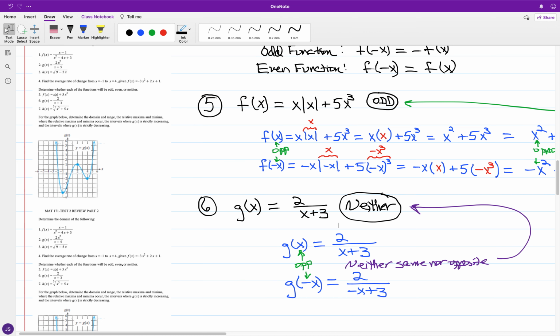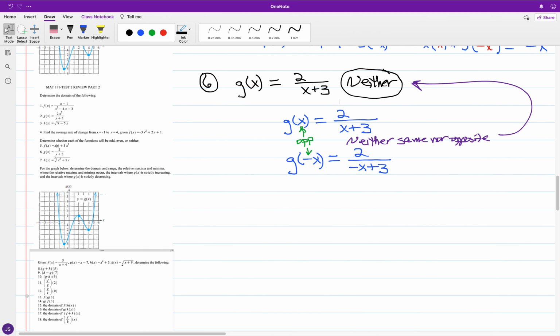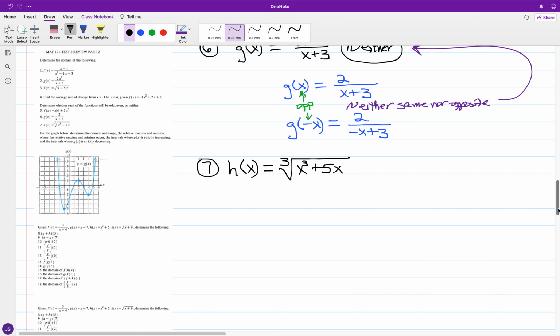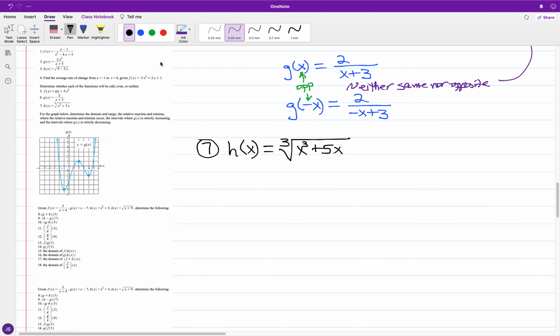Okay, and for what we have in the case of h of x, we have the cubic root of x to the third plus 5x. So I have a radical function.